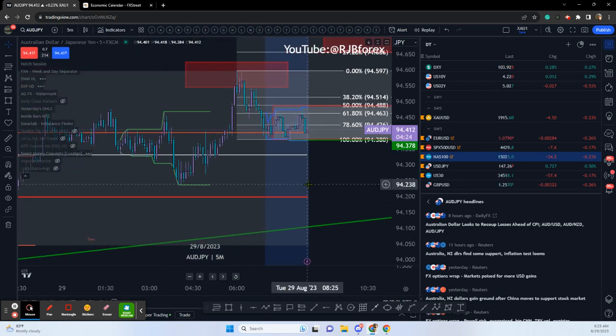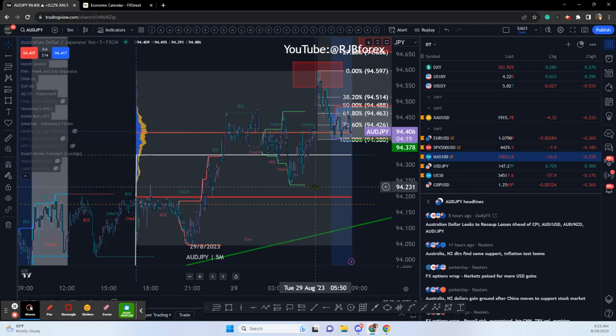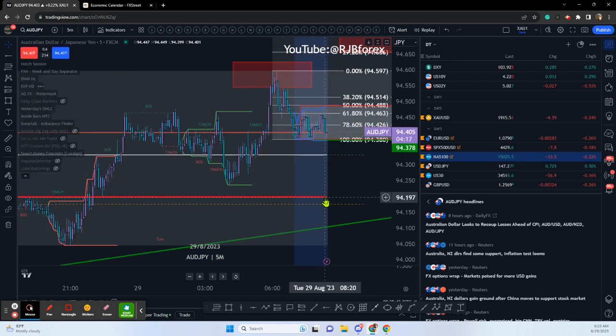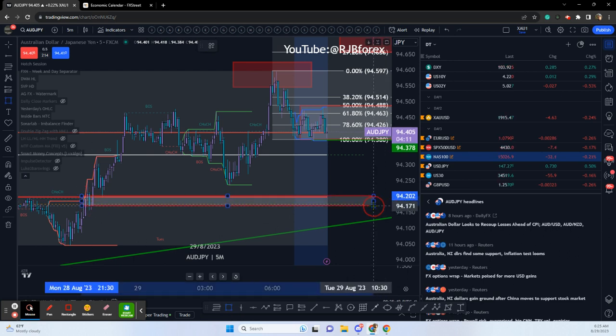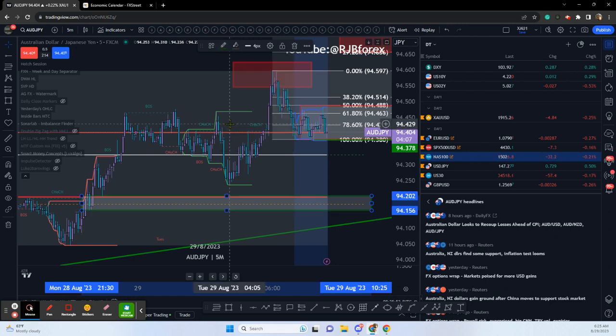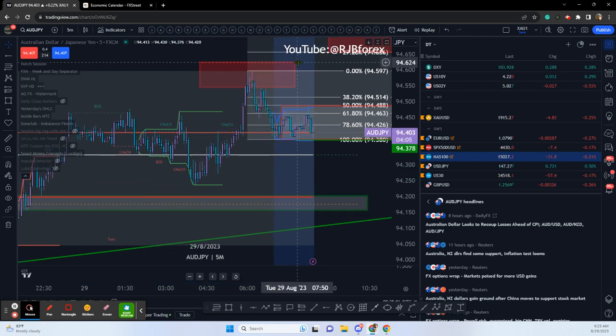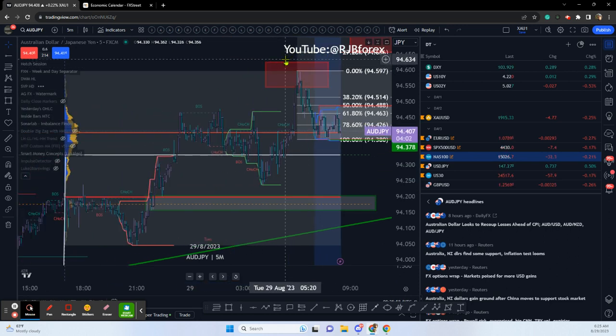All the way into London's lows. We've got yesterday's closing price near there as well. So all this here is a target. This area down here.